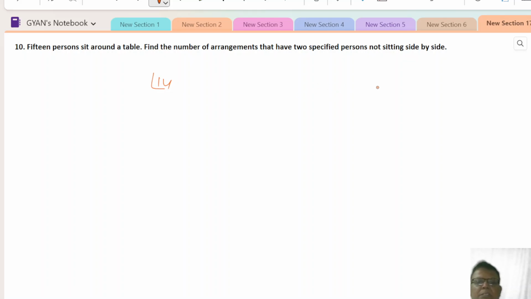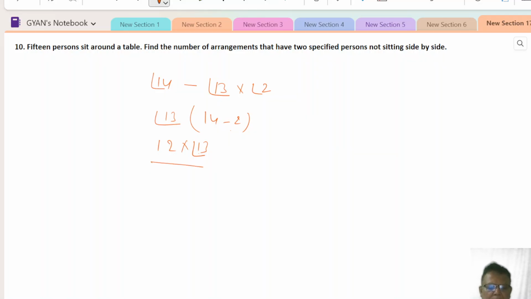Let the two persons sit side by side, so minus factorial 13 into factorial 2. So this will be factorial 13 common, 14 minus 2, so that is 12. 12 into factorial 13 will be the answer. Thank you.